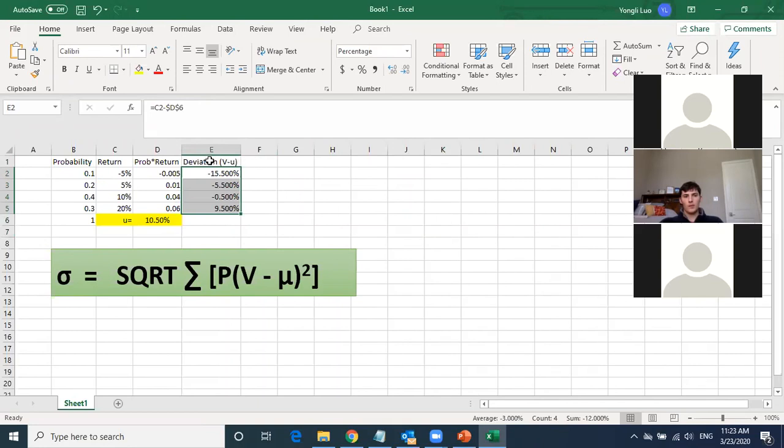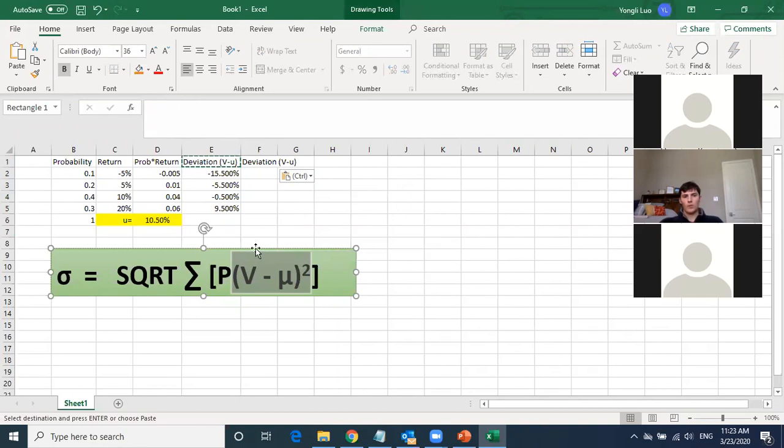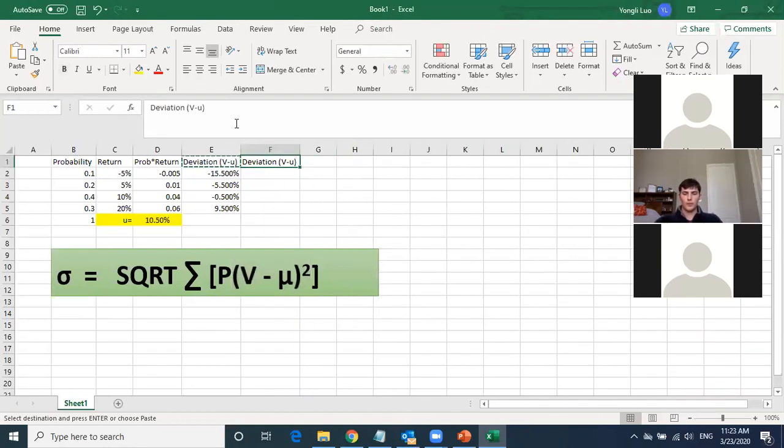Okay, so now you see what we need is the deviation squared. So you calculate that deviation. Now you need to square this. Okay, you click on enter.